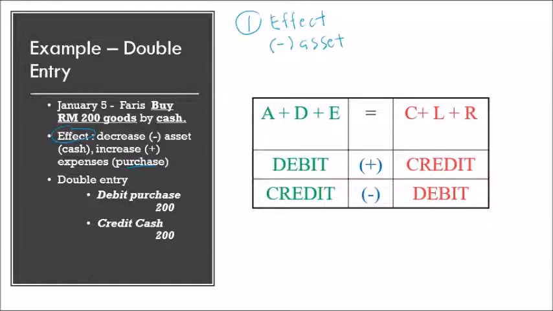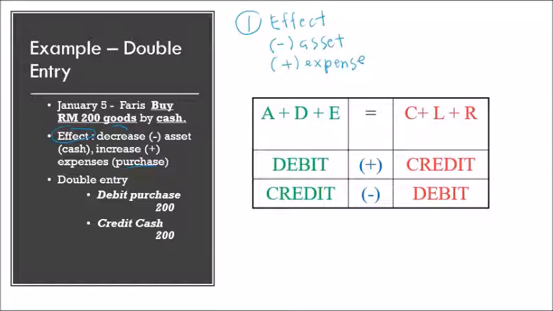So what will be increasing? It will be an increase in expense. Why expense? Because the things that you are buying are goods or stock or inventory, things that you use for the business operation.